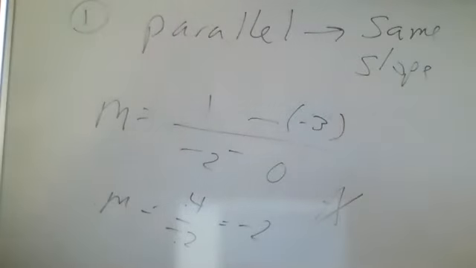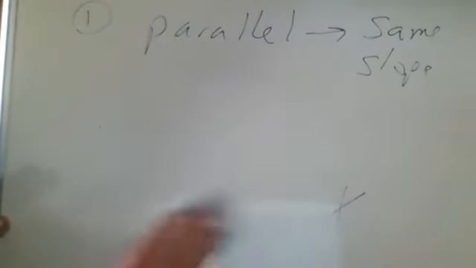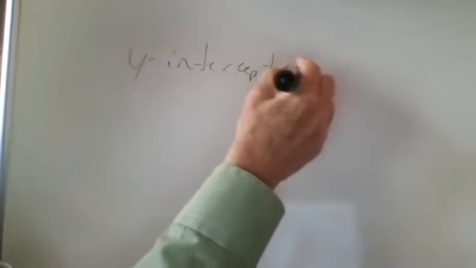All right, let's look at some of the others. None of the others are in slope-intercept form, all right? So we need to see if we can change it. Also, let's notice that the y-intercept is -3, all right?